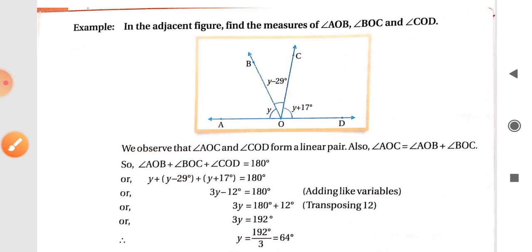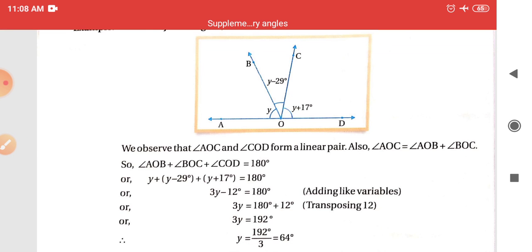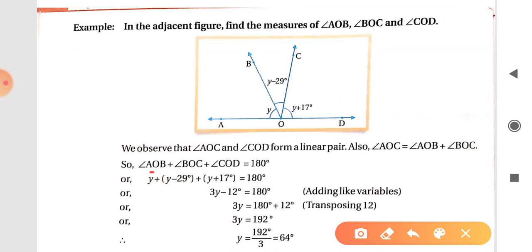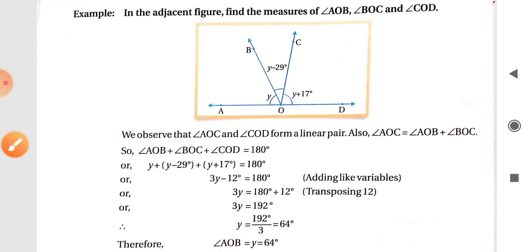So we can say that angle AOB plus angle BOC plus angle COD is equal to 180 degrees because they are forming a linear pair. Now put their values. Then you can find the value of y.